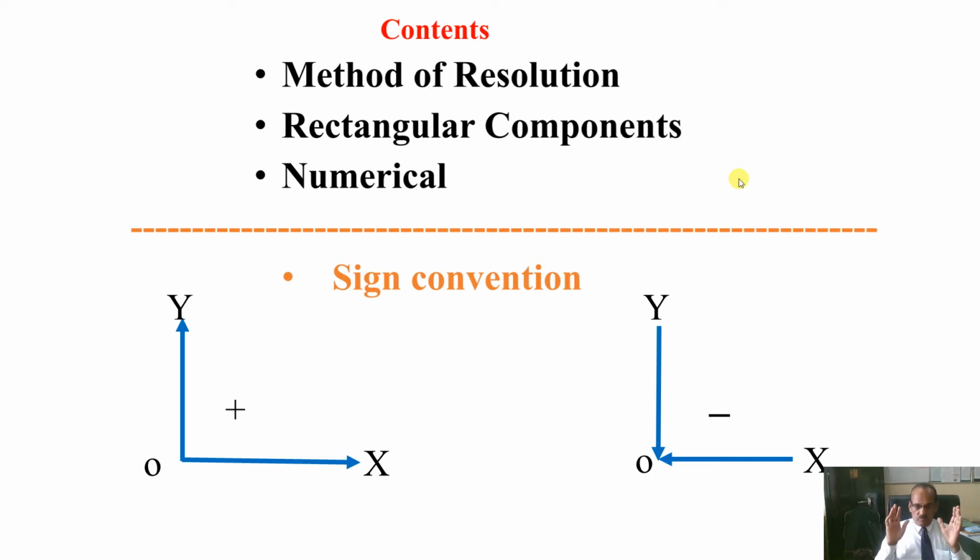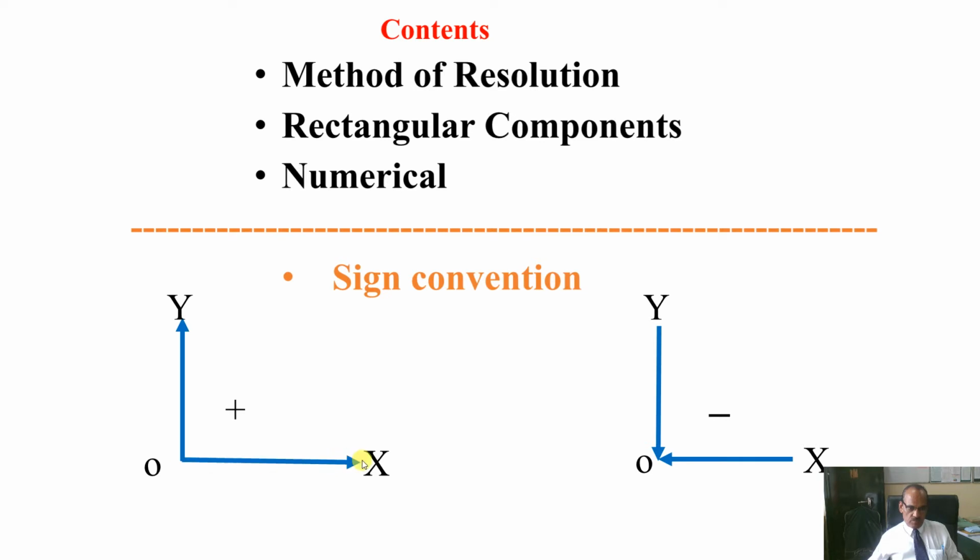Remember now, in engineering mechanics, we are going to follow certain conventions for the forces. If you look at the first figure, this is O. This is the upward direction. That is positive x-axis, and this is positive y-axis.